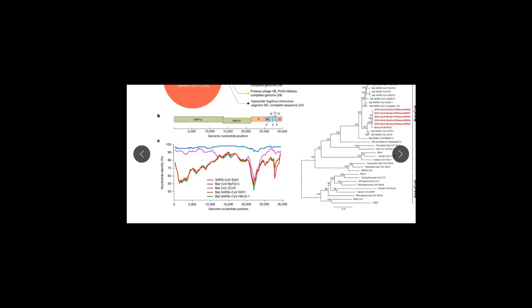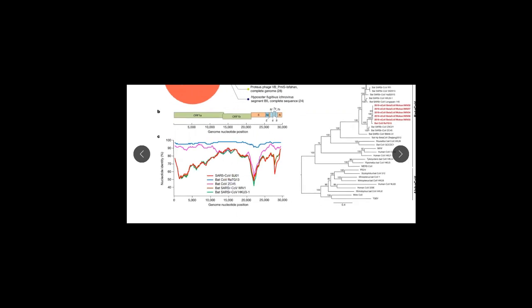Okay, with an overall genome sequence identity of 96.2% using the aligned genome sequences of 2019 coronavirus and RaTG13, there is no evidence of recombination events detected in the genome of the 2019 novel coronavirus.